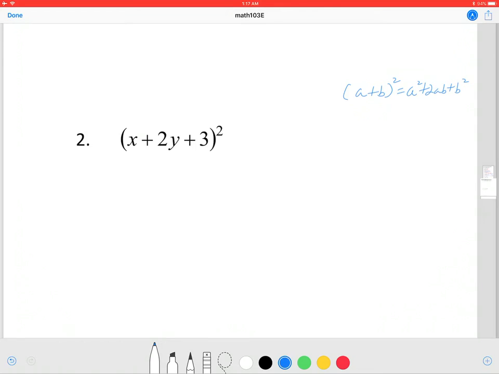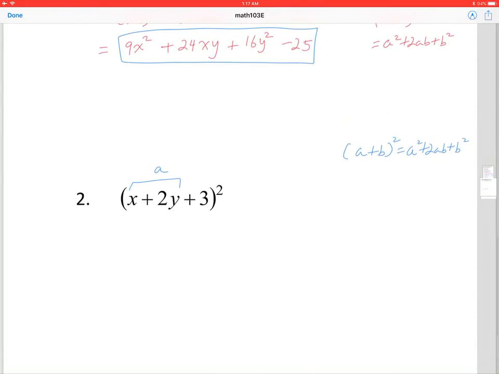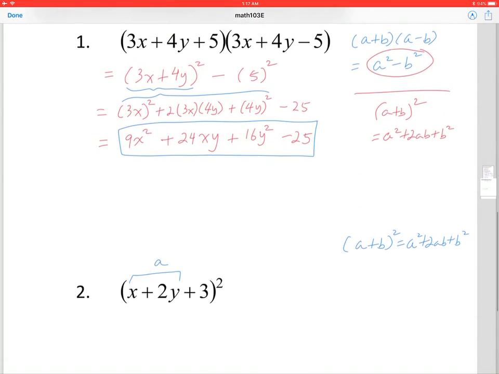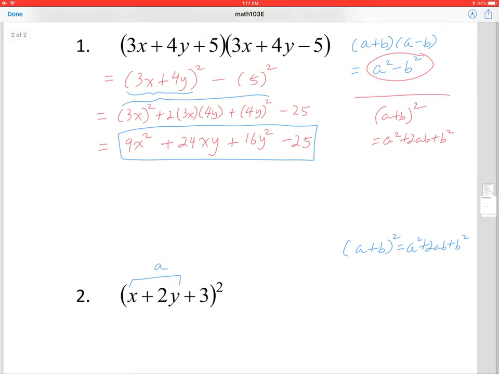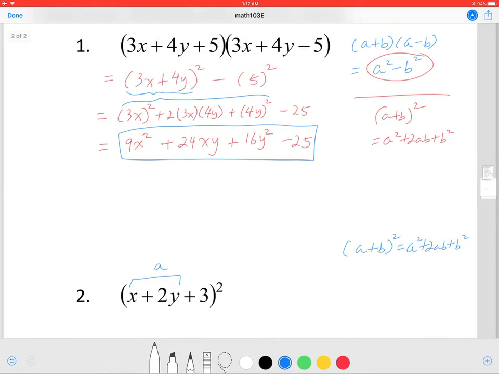So how are we going to do that? Well, we can always turn this trinomial into a binomial if I group them, make this as A. And that's similar to what we did earlier in our problem number 1. In number 1, we grouped so that this was our A and B was that last term 5. So we're actually going to do something similar.